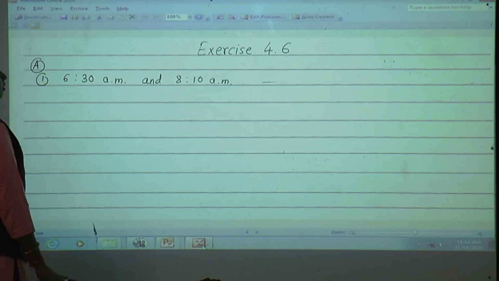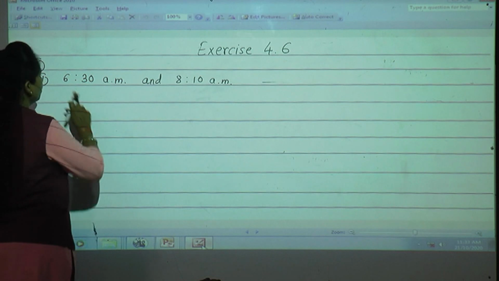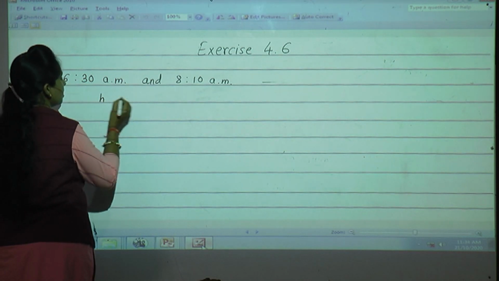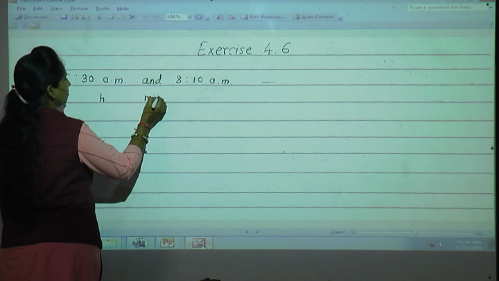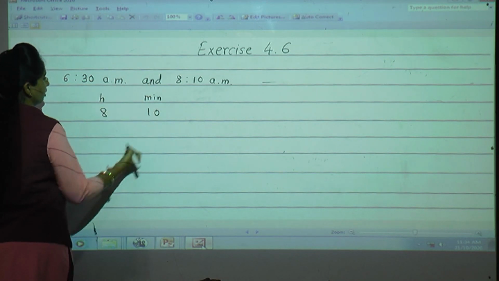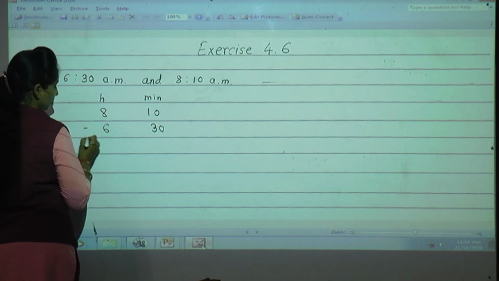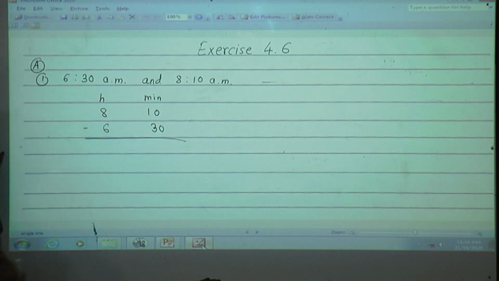So for the subtraction you have to take the greater number first and subtract the smaller number. Now here 6 is hours and 30 is minutes. So write first the greater, 8:10, and then 6:30. Now we have to subtract here.